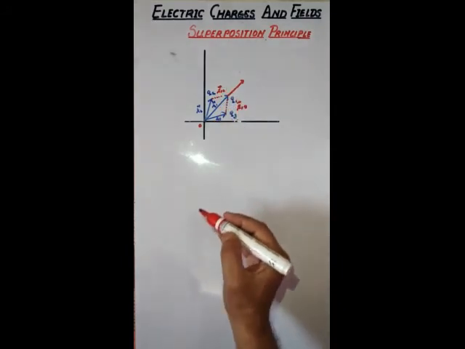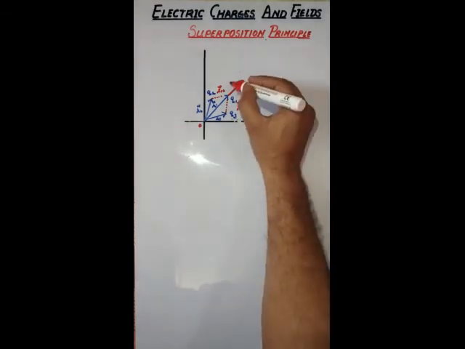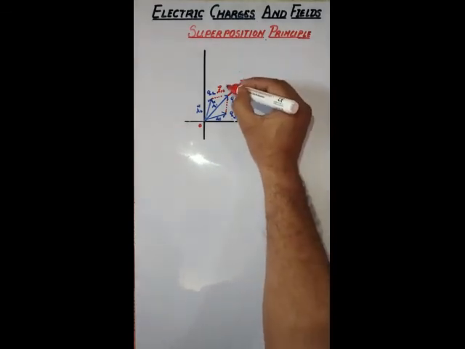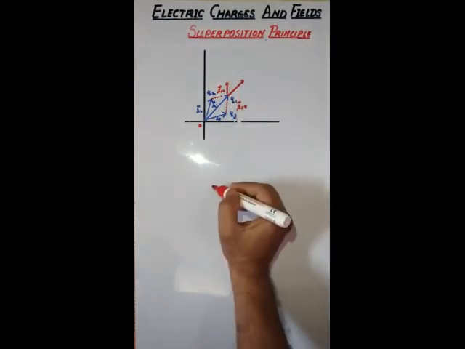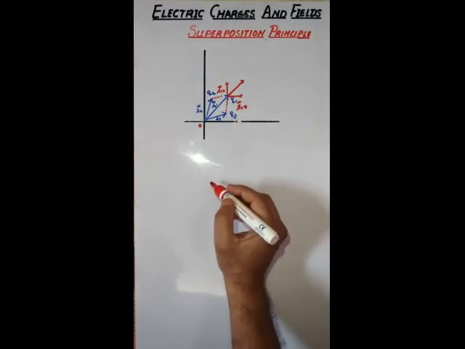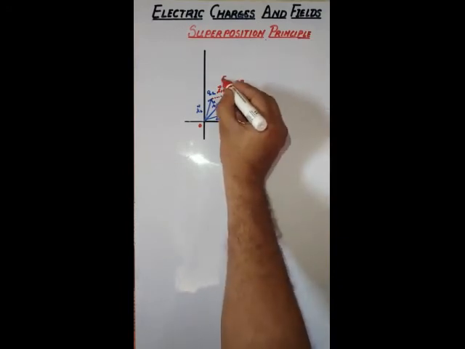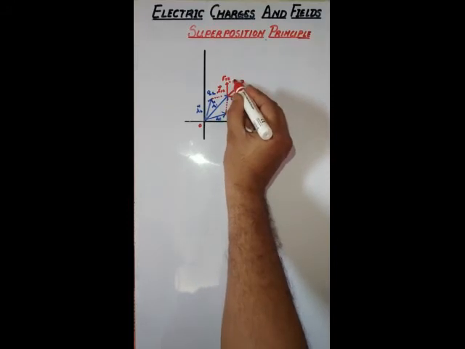The force exerted on charge Q1 by Q3 will be in this direction, like this. The force by the Q2 charge will be in this direction. So here the force F1 by F2 and the force F1 by F3. So we join these.